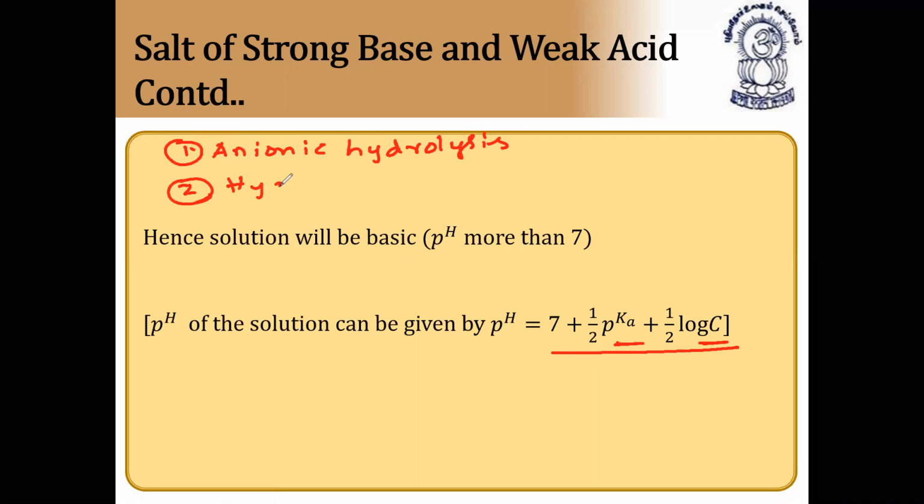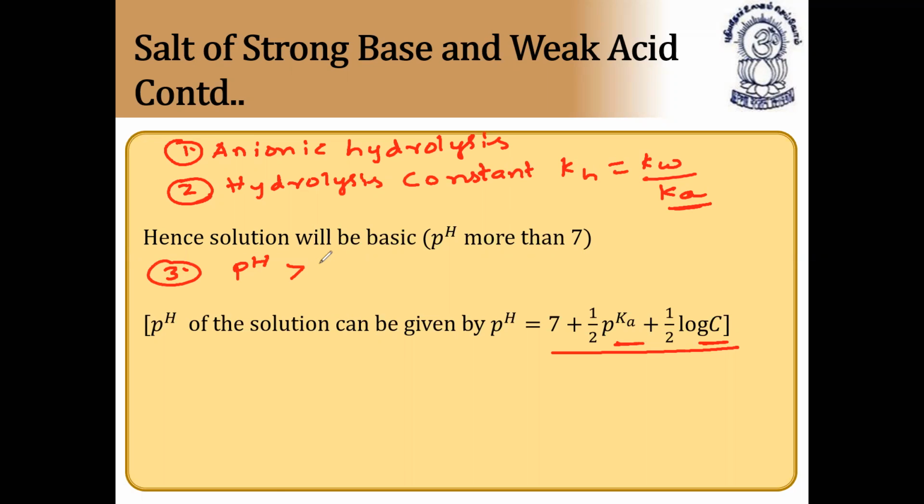And point number 2, how to calculate the hydrolysis constant. For this type of salt, hydrolysis constant Kh is equal to Kw by Ka, because a weak acid is formed. And the third point: pH is greater than 7, because the solution is basic.